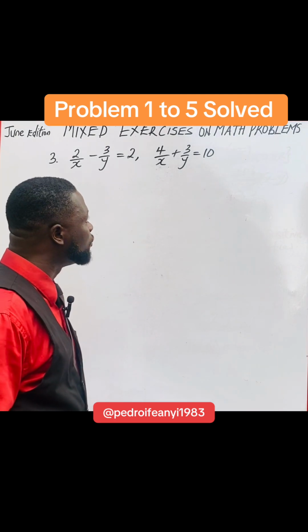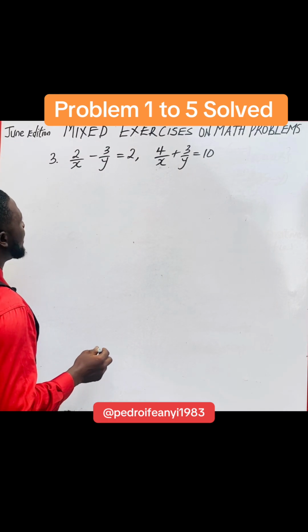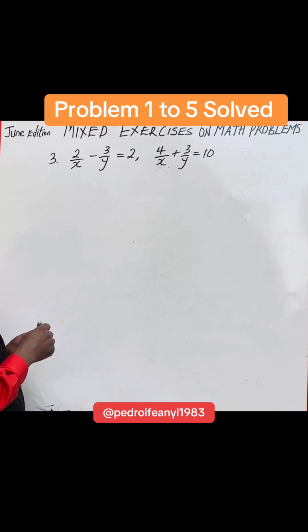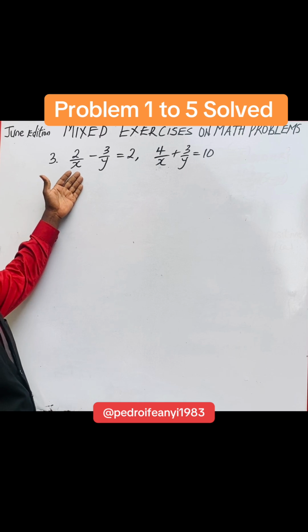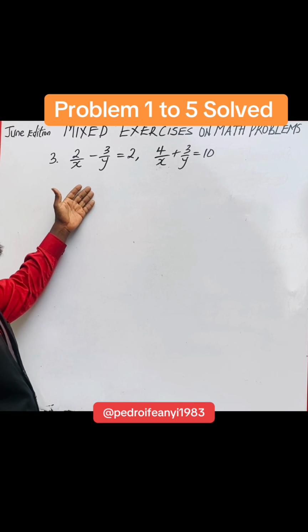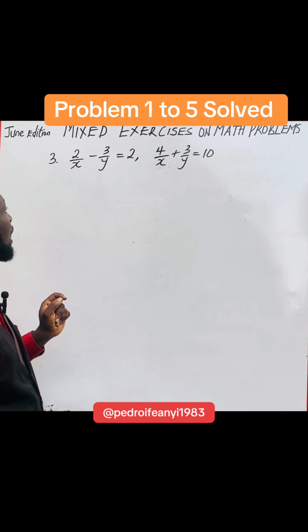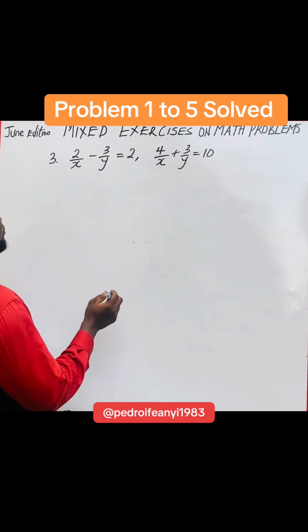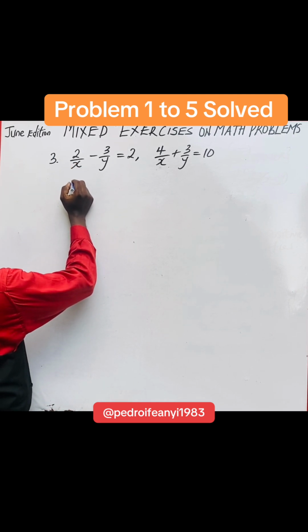All right, let's go with question 3 again. If you look at it, this is a simultaneous equation, but there's a fraction in it. So we need to arrange it linearly so that we can solve it simultaneously. So what we do is rearrange it.